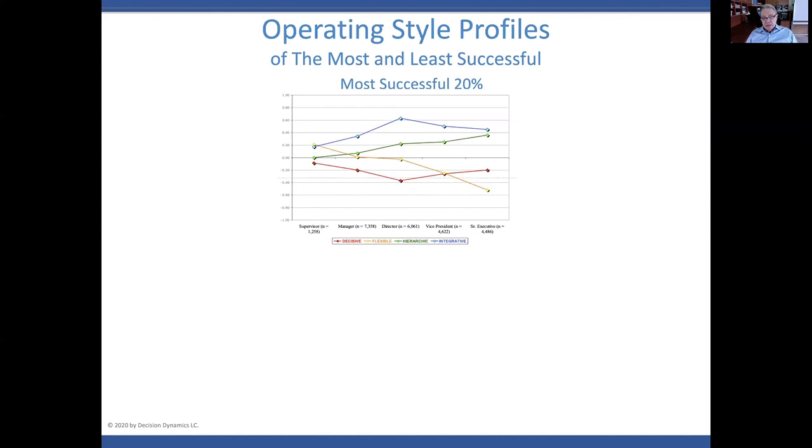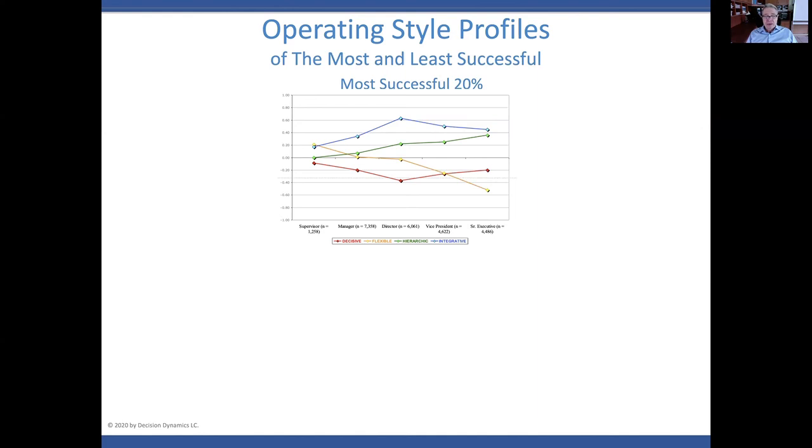So in this case, here again, the top 20%, the most successful, you see that blue integrative and green hierarchic lines both are creeping up at each step on the executive ladder, whereas the more action-oriented, flexible yellow and red decisive styles sink as you go up the executive ladder.